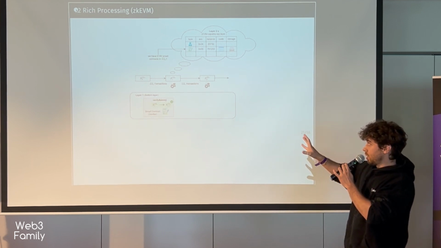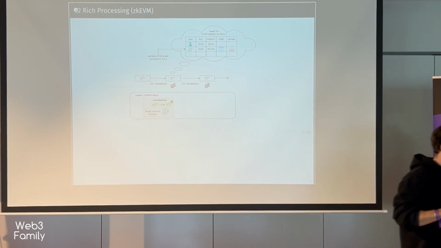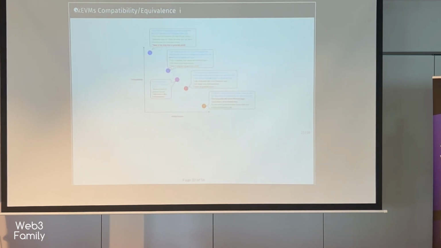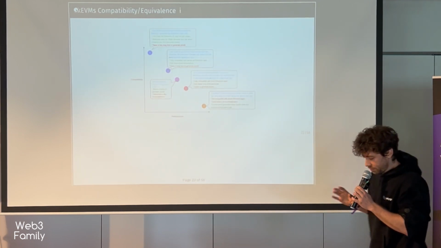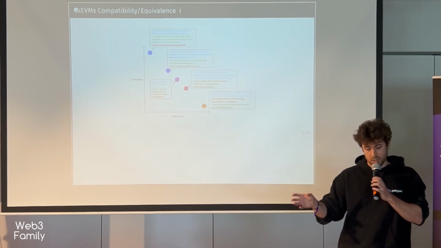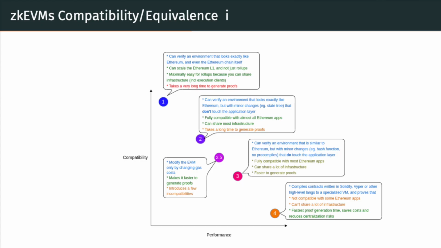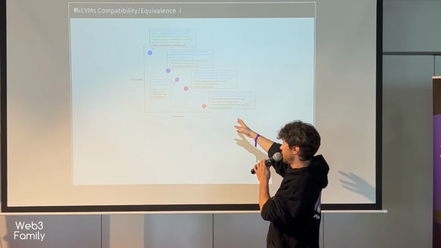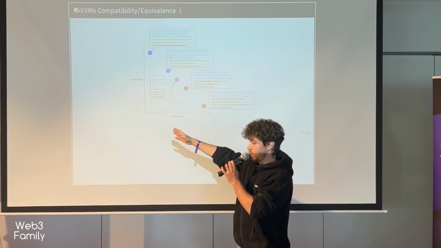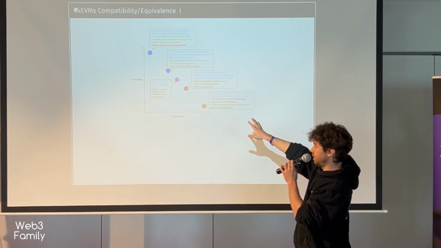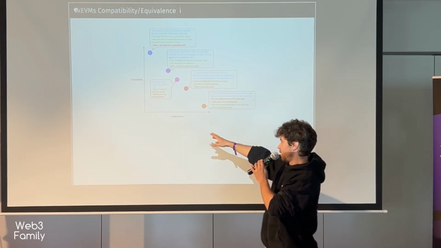And now we will see a classification that Vitalik did years ago to classify the current L2s in the market, by how compatible or how equivalent they are with the EVM. And he did this chart. 1 means equivalence or very compatible, and 4 means less compatibility. As you can see, this has changed a lot, but years ago, it was like this.